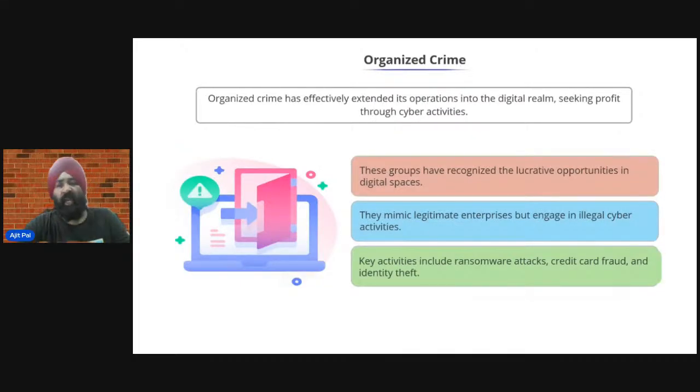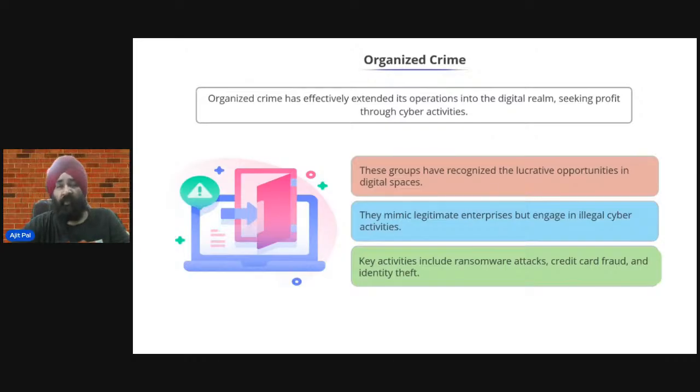Then we have organized crime. Organized crime has effectively extended its operation into the digital realm, seeking profit through cyber activities. These days, gone are the days when people had to physically rob banks.